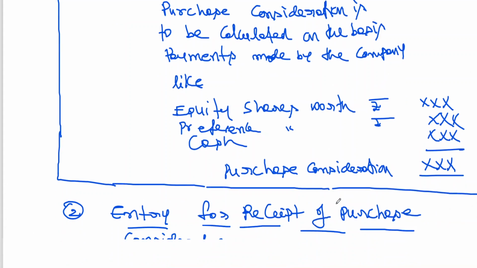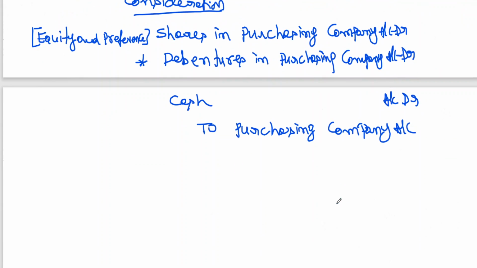Okay. Then after getting this purchase consideration, ultimately it has to be paid to whom? Partners, because you need to settle their account, no?